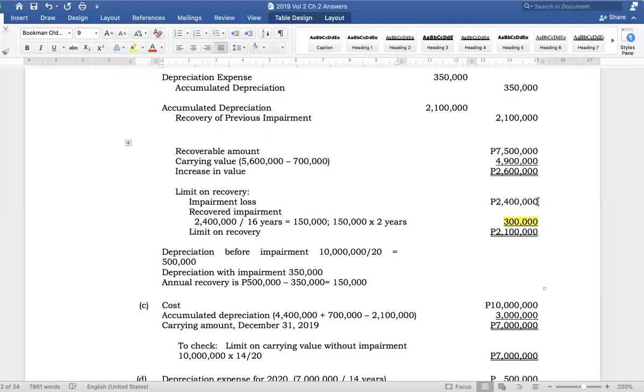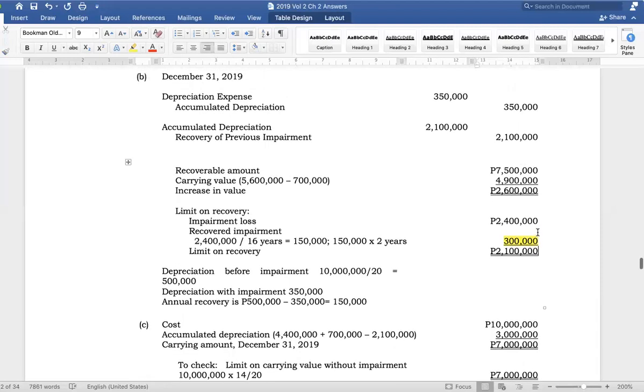So out of total 2,400,000 impairment loss recorded in 2017, you have recovered in 2018 and 2019 a total of 300. So your limit on recovery is 2,100,000. Again, take note that the increase in the value of the asset is 26. But your limit on recovery is only 2,100,000.